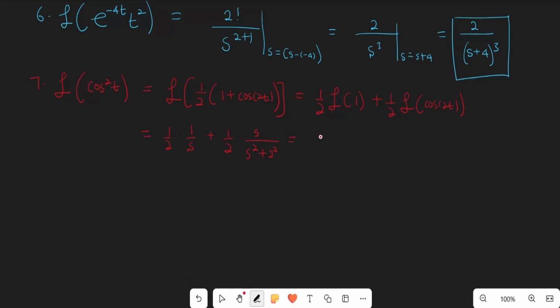And this one evaluates to 1 over 2 times 1 over s plus 1 over 2 times s divided by s squared plus 2 squared, which is 4. So in the end, we are going to have 1/2 out, then 1 over s plus s divided by s squared plus 4. And this one is the Laplace transform of the cosine square of t.